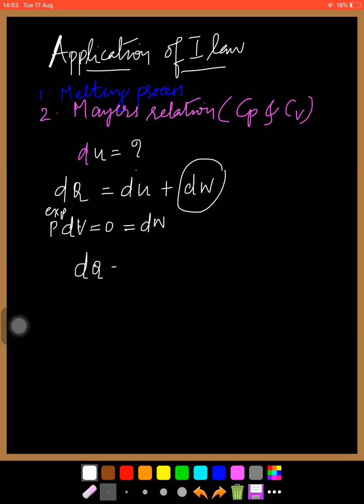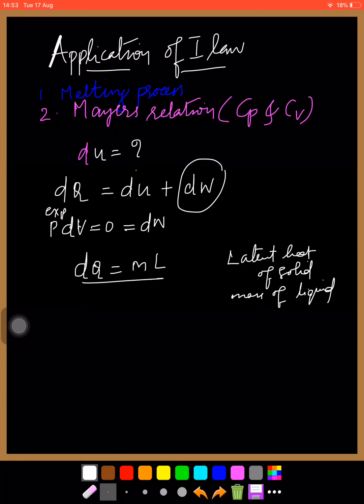during melting is mL. m is the mass of liquid and L is the latent heat of solid.